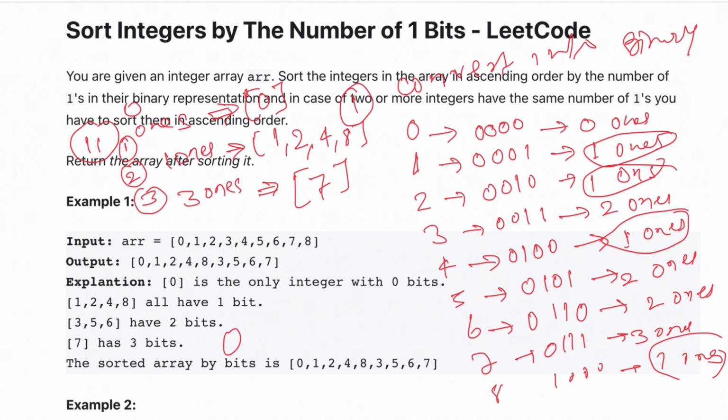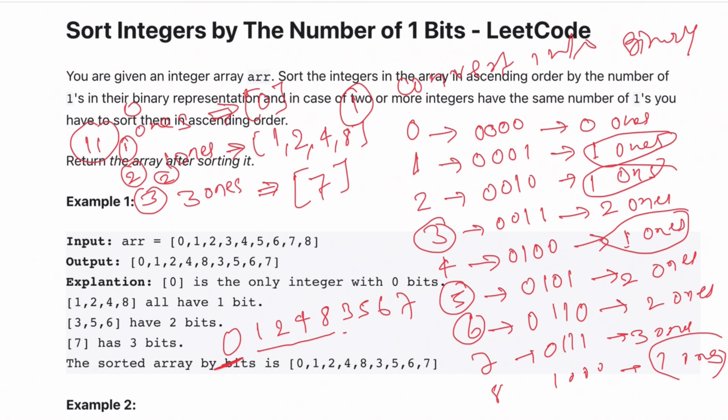As you can see, the output contains 0, 1, 2, 4, 8, and then comes 3. So first the zero group, 0 has zero 1s, then 1, 2, 4, 8 have one 1. Then we have not written this one: 3, 5, 6 are the two-1s group, and 7 will be the three-1s group.